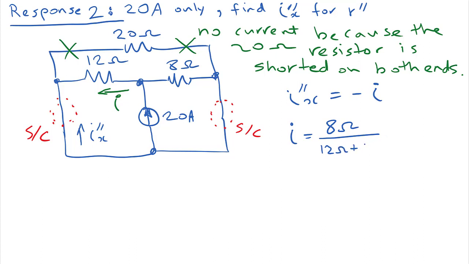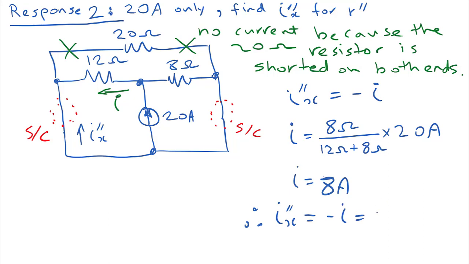So it's 12 ohms plus 8 ohms times the input current, which is 20 amps, and that works out to 8 amps, and then therefore I double prime x, which is equal to minus I, is equal to minus 8 amps. Okay, so that's the second response.